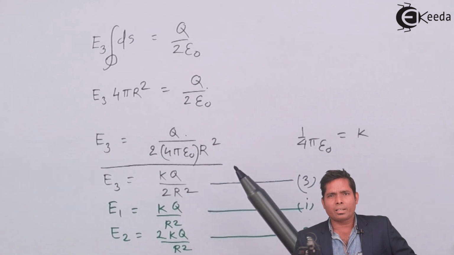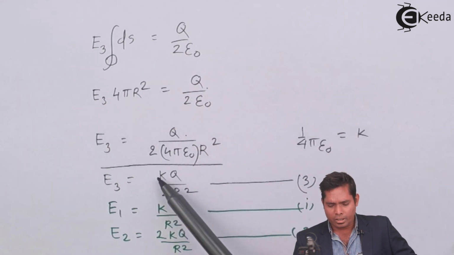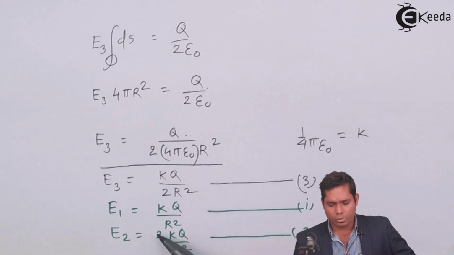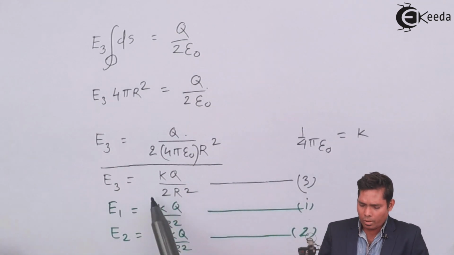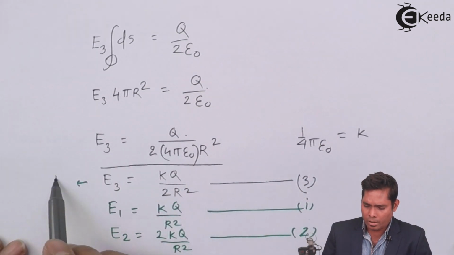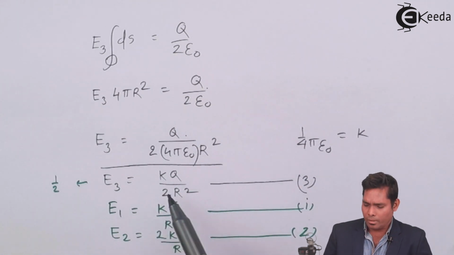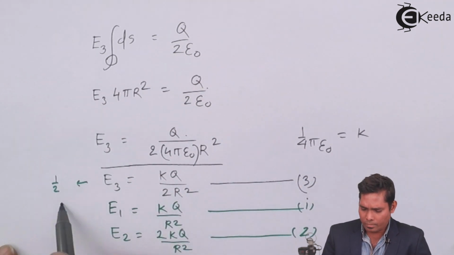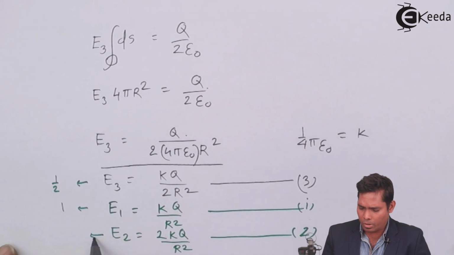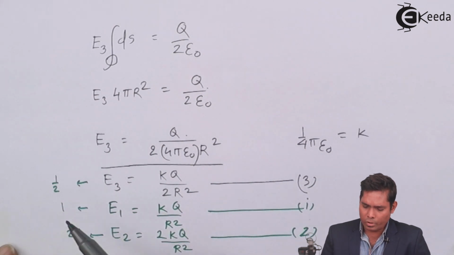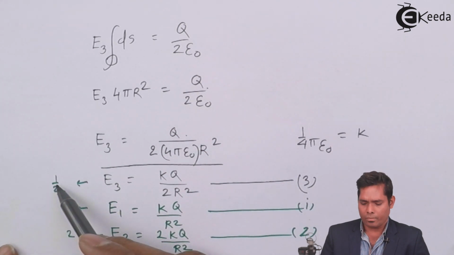If I neglect kq by r square because it is the same for all, here it is half, here it is 1, here it is 2. So if I make this value 1, then this value is 2 and the other is 1 by 2. So obviously we know that 2 is greater than 1 and greater than half.